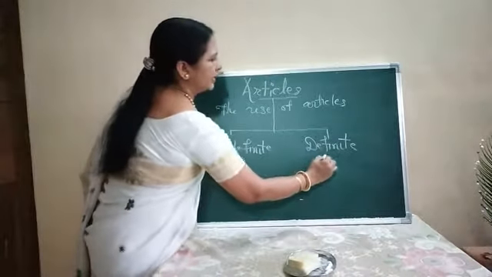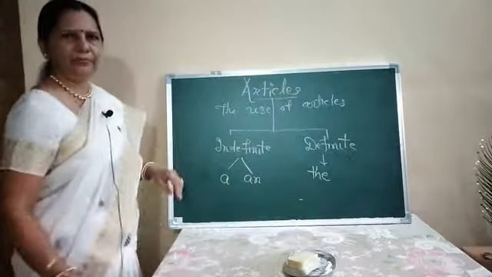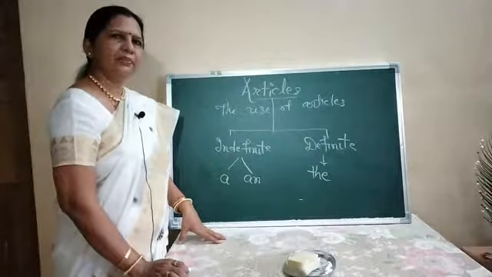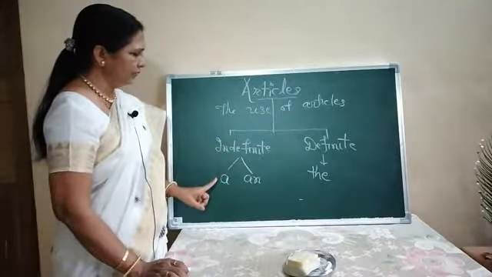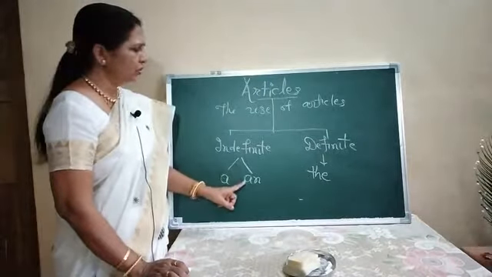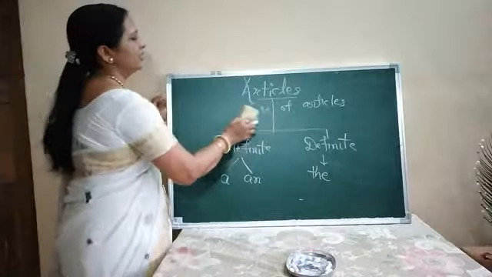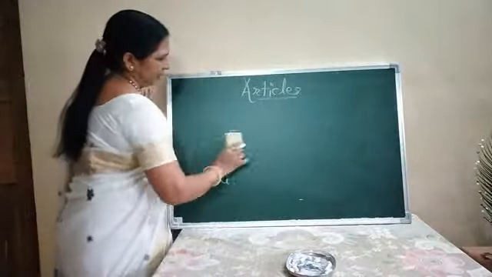In definite articles, we study the use of the. So, in this first lecture on articles, we shall see the first one, that is the indefinite article, use of a or an. So, let's go to the details of using articles.